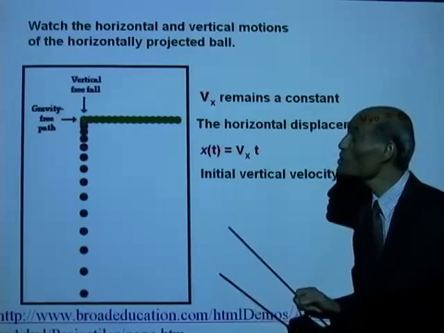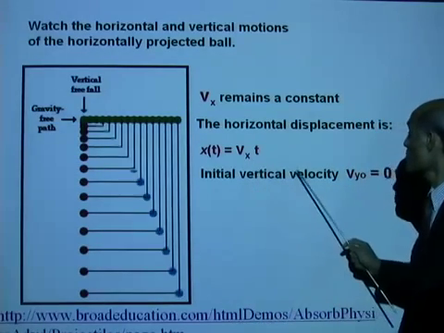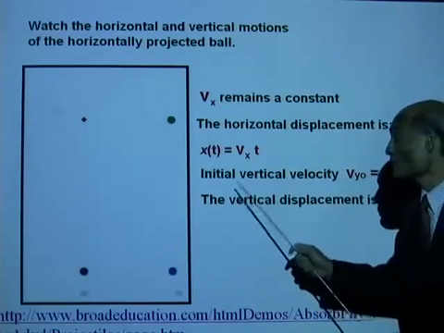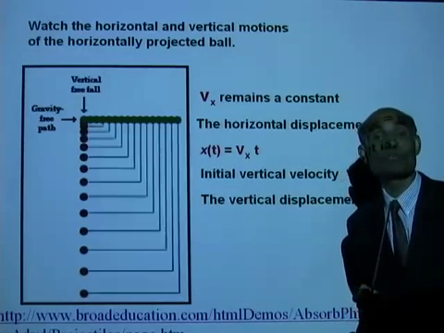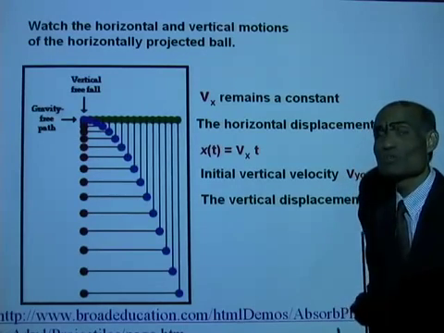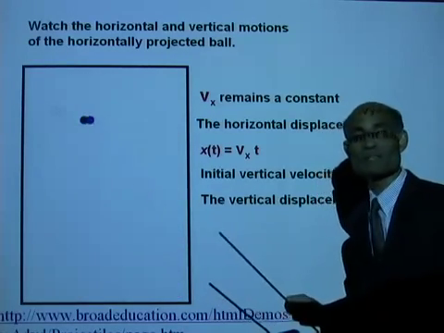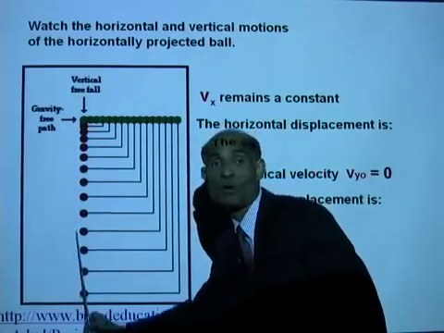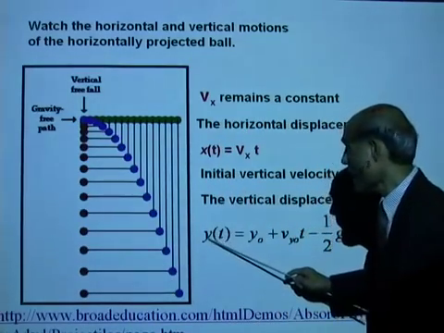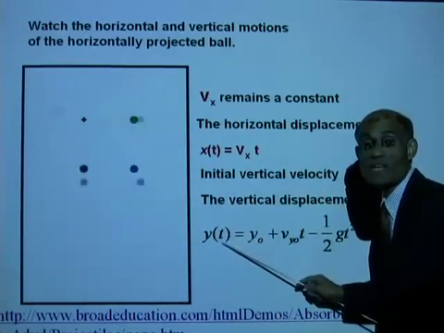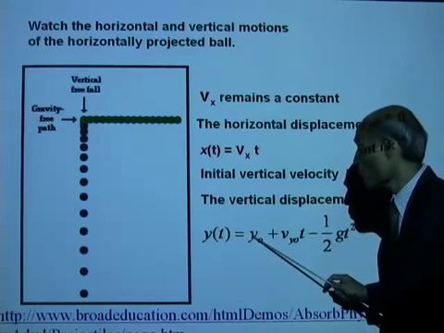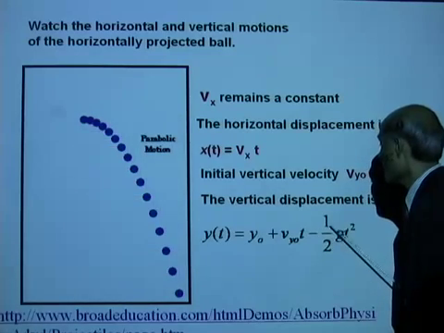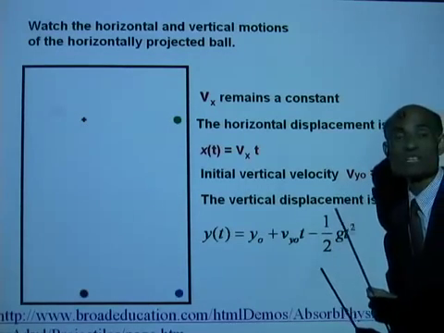And how about the vertical motion? The initial vertical velocity is 0. We talked about this. And so, what is the equation for the vertical displacement? Can you write the equation for the vertical displacement? You can see it is projected from a height y0. And so, y of t, the position at any given time t, is y0 plus vy0 t minus 1/2 g t squared.